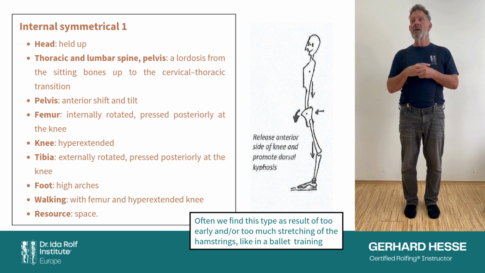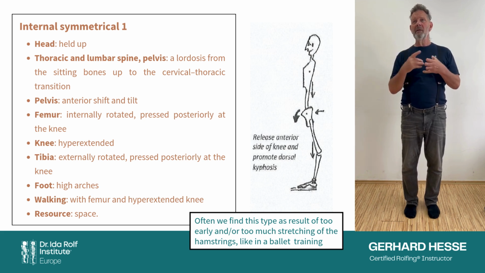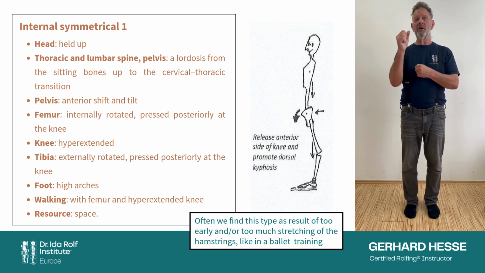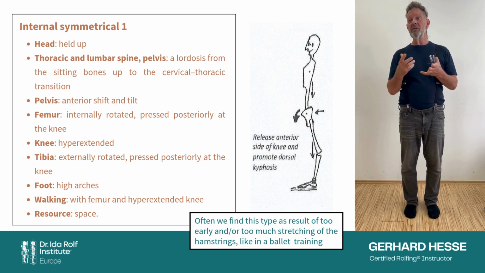One type of these hyperextended knees or internal symmetrical types is trained. We find it most often with girls who did a lot of ballet when they were kids, too early. They always stretch the knees, and if the knee is not giving stability, the pelvis shifts anterior.